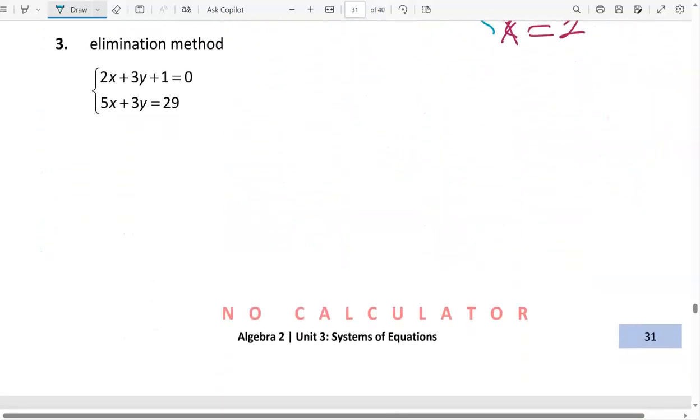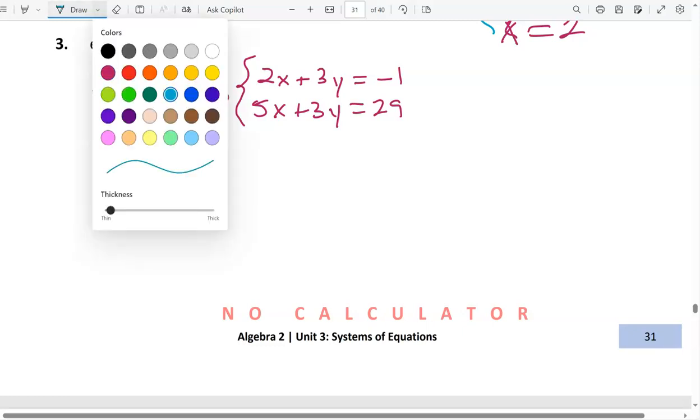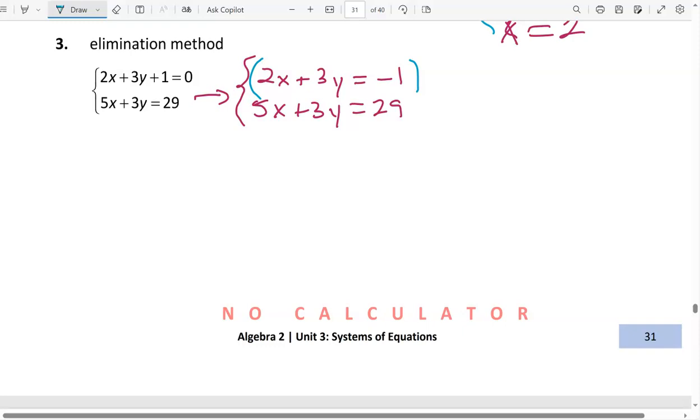All right, in 3 we're asked to use the elimination method. So I'm going to start by rewriting these equations in standard form. The first one is not in standard form, but can be easily written in standard form by subtracting 1 from both sides. And then we can take and multiply equation number 1 by -1.